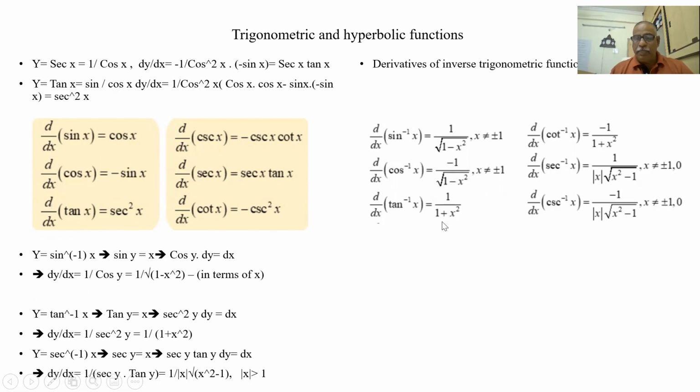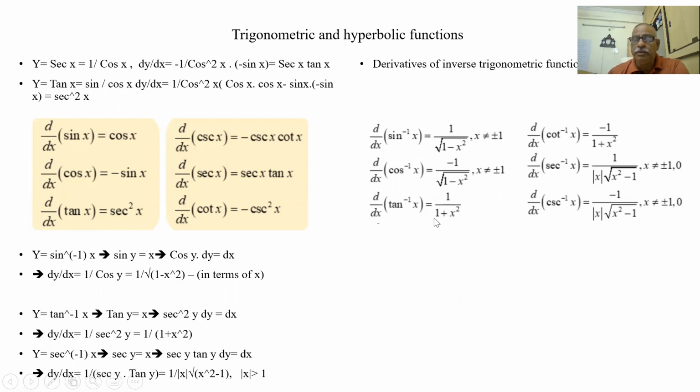Now, just remember here, before going further, what is the differentiation of sin inverse x? 1 by square root of 1 minus x square. Suppose it is 1 by square root of 1 plus x square, then what is it the differentiation of? 1 by 1 plus x square is tan inverse x. 1 by square root of 1 plus x square is sin h inverse x, a hyperbolic function.